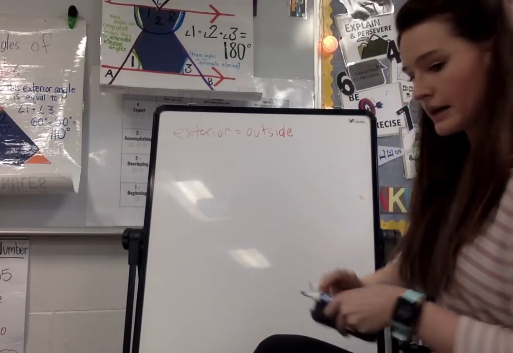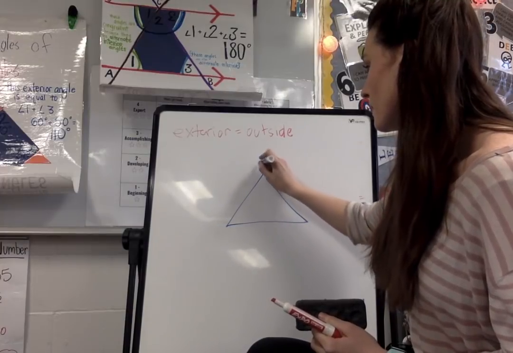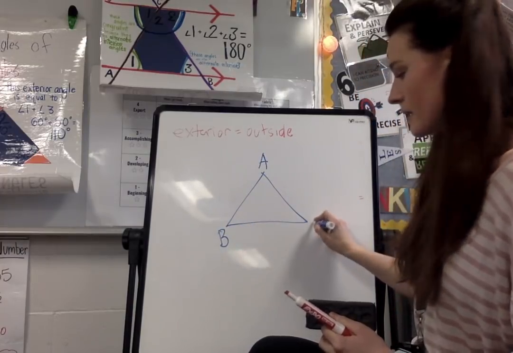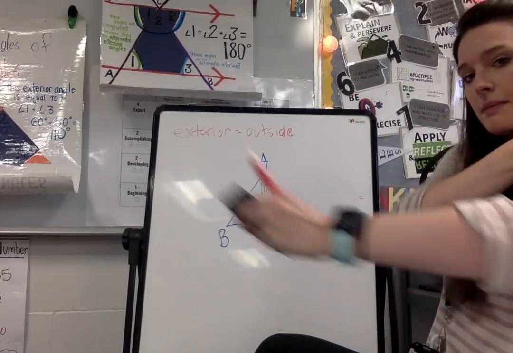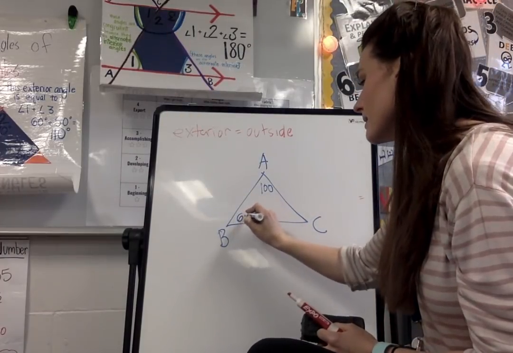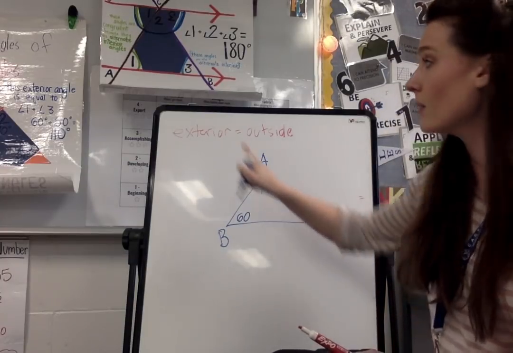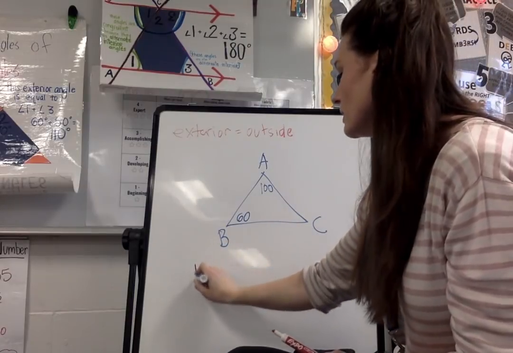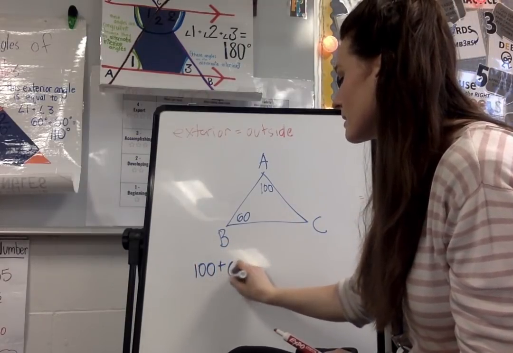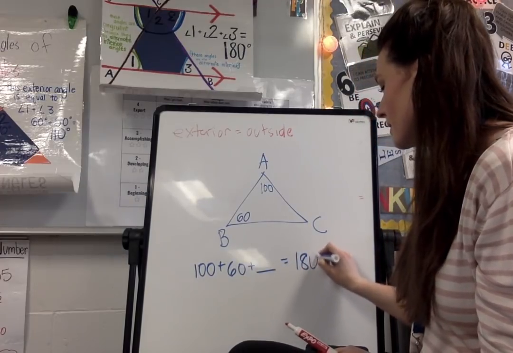If we had a triangle ABC, and I know that A is 100 degrees and B is 60 degrees, can't we find the missing C? Because we know that all angles of a triangle equal 180. So I can have 100 plus 60 plus something equal to 180 degrees.